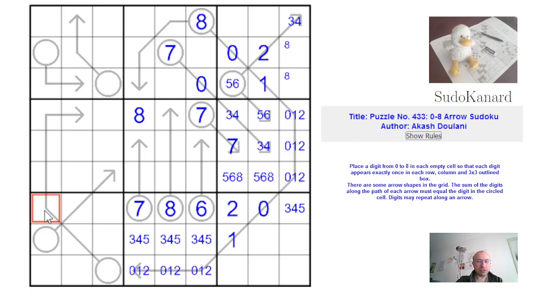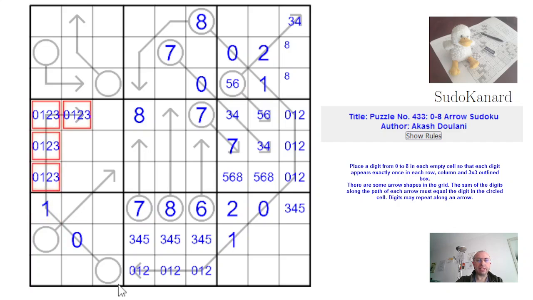But this won't be too much because here we also have quite a long arrow. The minimum value here is with 0, 1, 2, 3, which is already 6. So the sum of those two cannot be more than 2. And the only way to have no more than 2 is to place 1 here and 0 there.